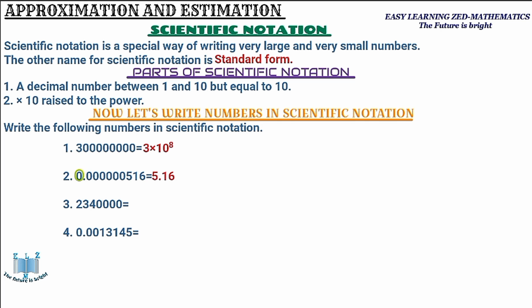Now when you count the digits the decimal point has passed, you find that they are 7. Since they are 7 and the decimal point is moving from left going to the right, that means the power will be negative. So when you multiply 5.16 by 10, you raise it to negative 7.